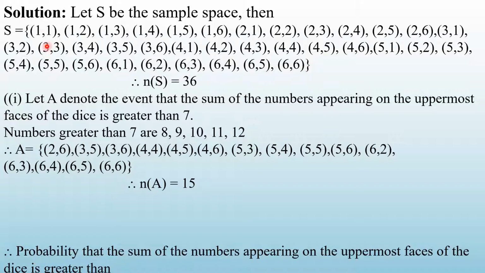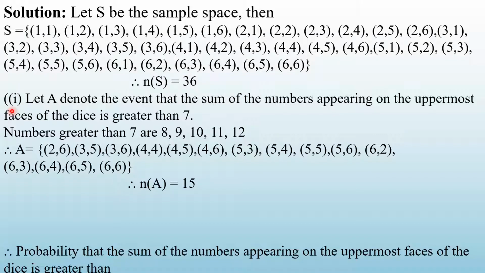Either both dice show 1, or the first one shows 1 and the second shows 2, then 1, 3, 1, 4. In this way, we have written all the possible outcomes of this experiment, and they are 36 in number. So the number of points in this sample space is 36.